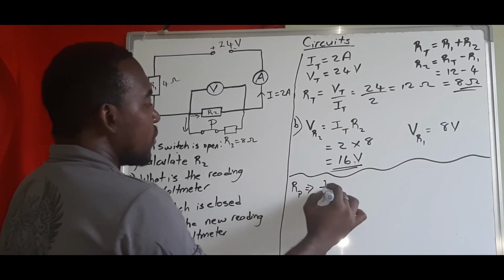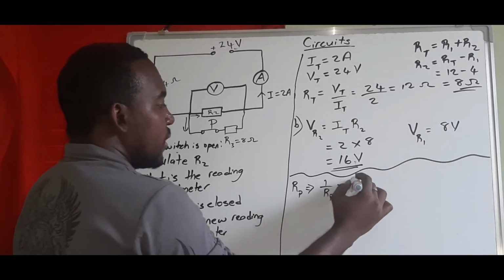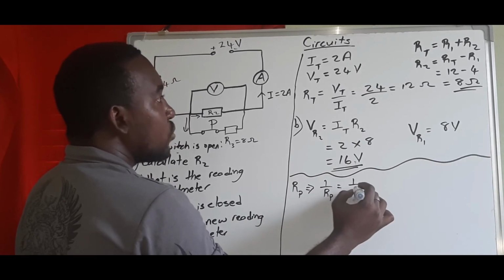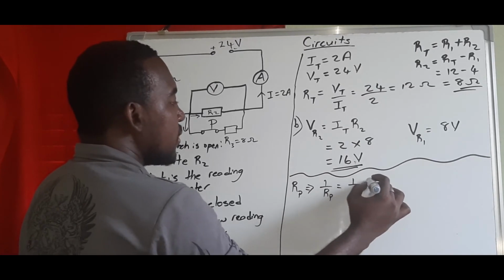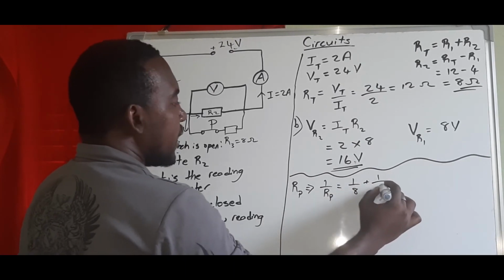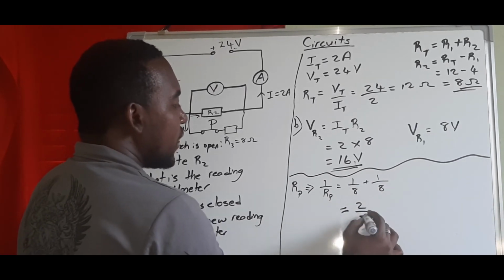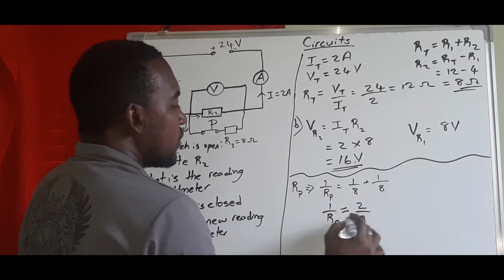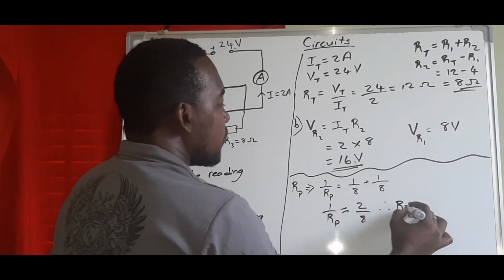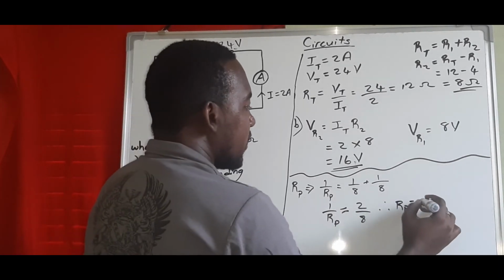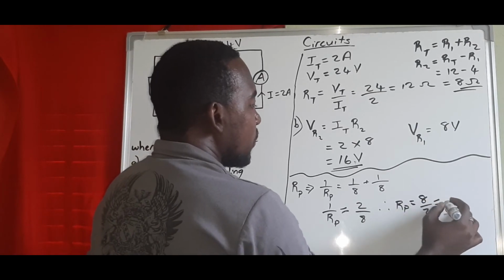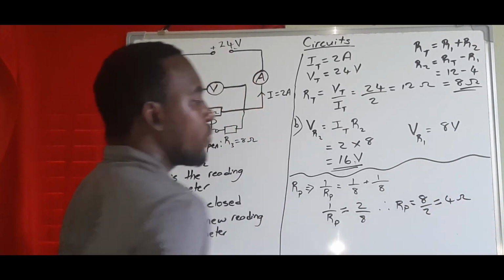Which we know is 1 over R is 1 over R2, which is 8, plus 1 over 8, right? 1 over 8 plus 1 over 8 is 2 over 8. So therefore, this resistance is 8 over 2, which is 4 ohm, right?